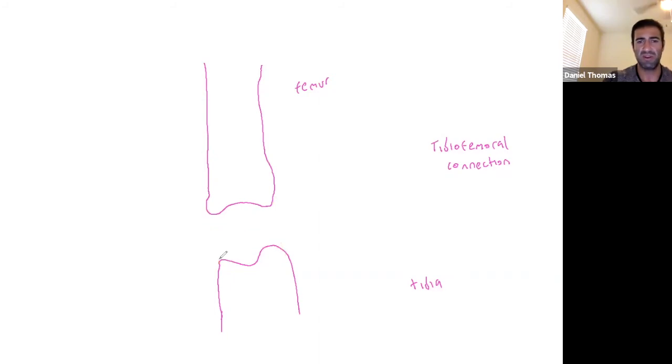Actually, let me draw it a little bit bigger. I'm just going to draw it like this. That's going to be a pad that is going to connect them. Let's go ahead and shade this in.